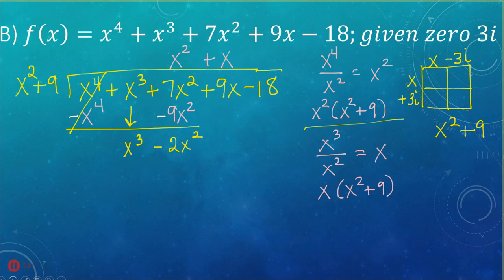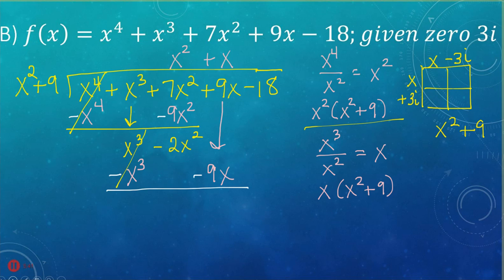So that gives you x to the 3rd and 9x. Put that 9x under its like term, which is right here. And we have to change our signs again because we're subtracting. This is going to cancel out.